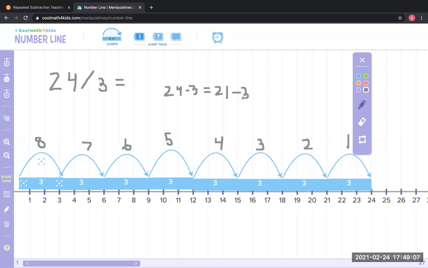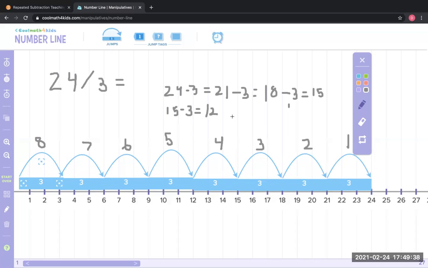So we want to subtract 3 from there. And that's 18. We have another one there. So we go minus 3 equals 15. Got another one there. And we'll rewrite it down here since we're running out of room. 12.